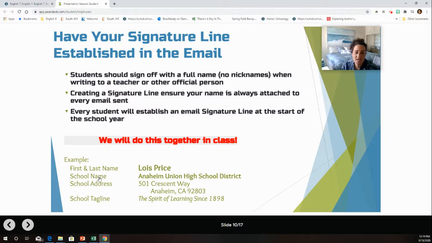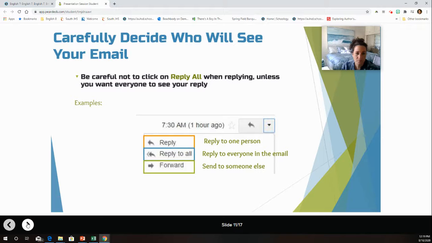Next slide. We are going to do this together in class. It's how to change your signature, and I will do that with you tomorrow in class on Wednesday. You have to be so careful to decide who's going to see this. This happens to us teachers all the time. When somebody writes you an email, if you just hit reply, it goes to one person.